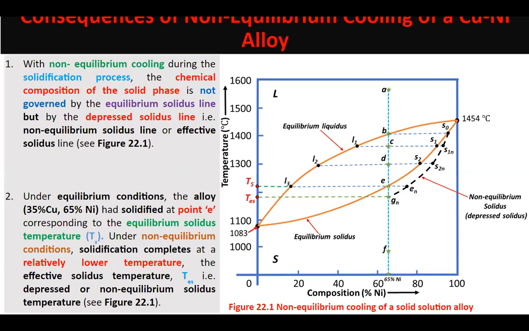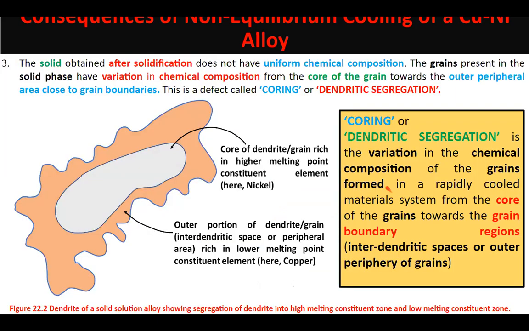What you cannot see from the diagram is the third conclusion. As I discussed in the case of equilibrium cooling also, when solidification is proceeding, the chemical composition of the solid phase is changing because of the process of diffusion.